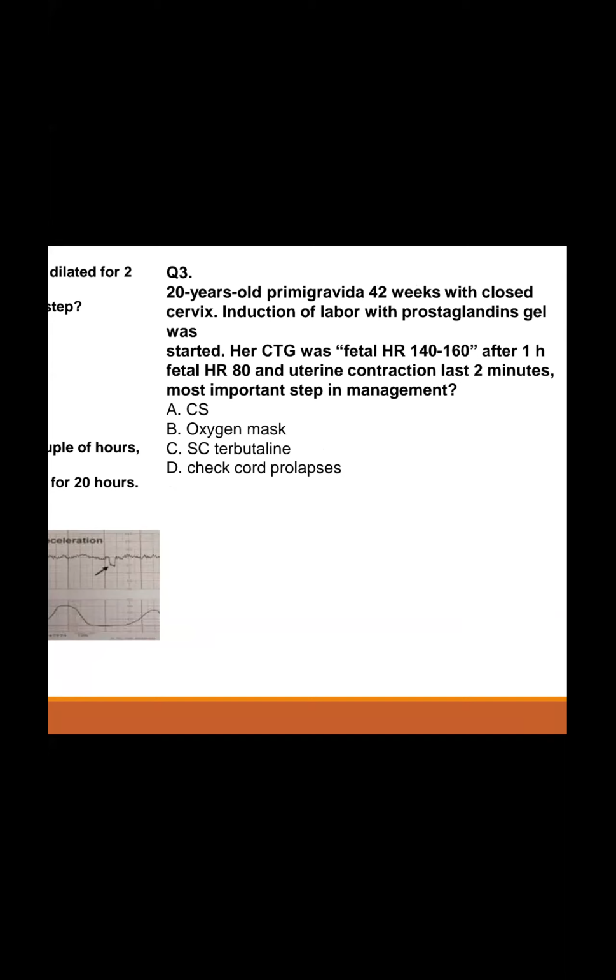Her CTG showed fetal heart rate 140 to 160. After 1 hour, fetal heart rate is 80 and uterine contraction lasts 2 minutes. What is the most important step in the management? 42 weeks with closed cervix. CTG shows fetal bradycardia.